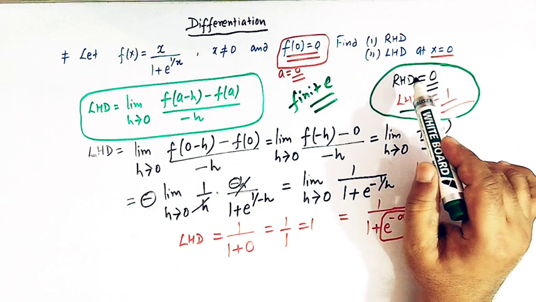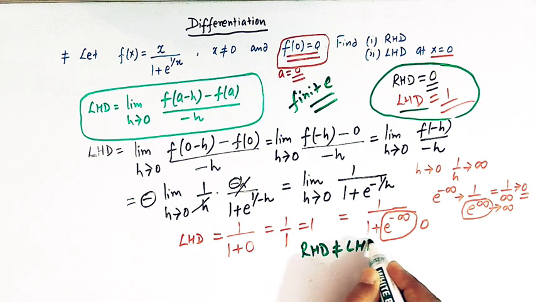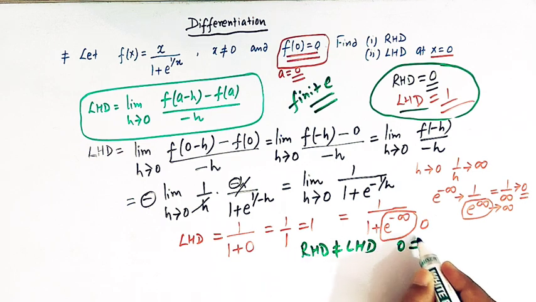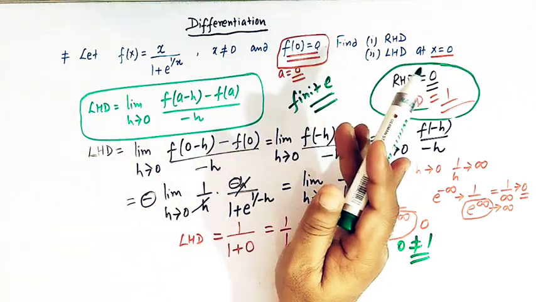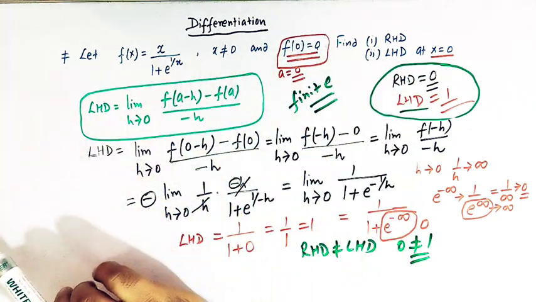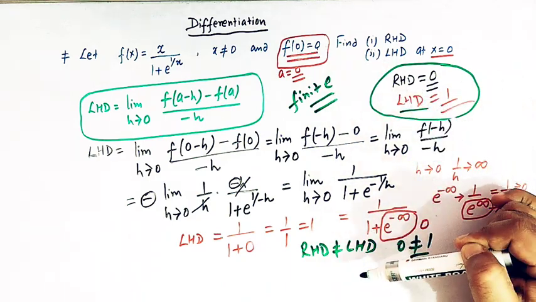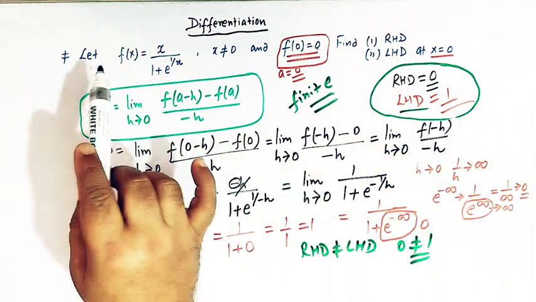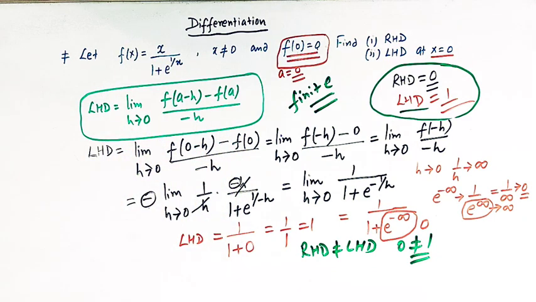Now the right-hand derivative is not equal to the left-hand derivative because 0 is not equal to 1, right? So from the theorem on differentiability, we can say that if the right-hand derivative is not equal to the left-hand derivative, then the function is said to be non-differentiable at the given point, right?